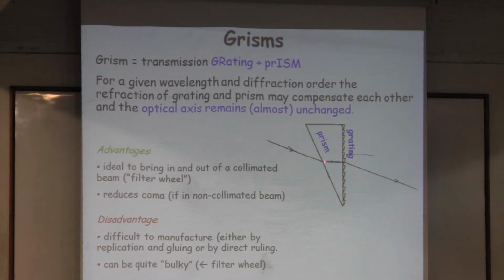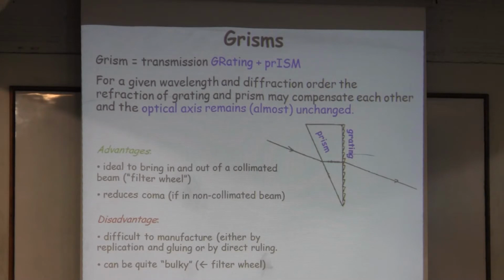Some blue light more refracted. Okay. And then at the other side of the prism, you put a grating surface, and that acts as a transmission grating, so it acts in exactly the opposite way for the optical axis, essentially.